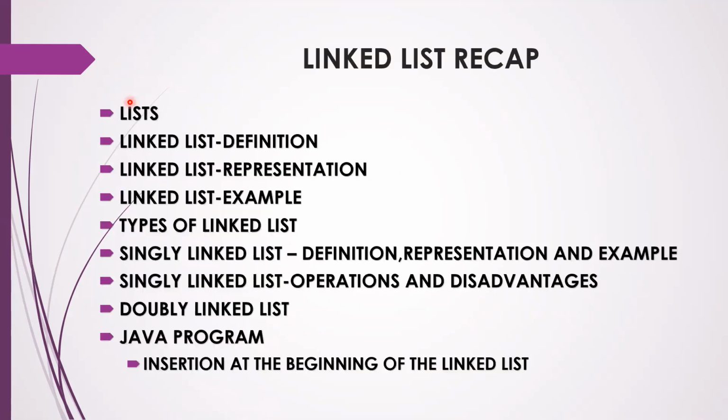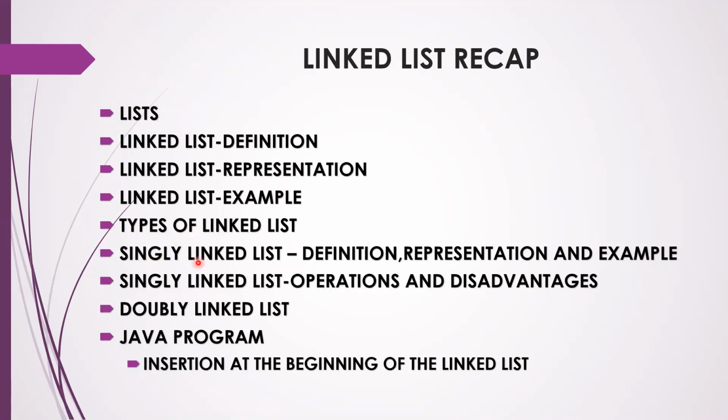Linked list: we saw that a list can be implemented in two ways, one is an array and the other is a linked list. Array has some limitations which are overcome by linked list. The linked list definition, its representation, example, and its types have been seen clearly.